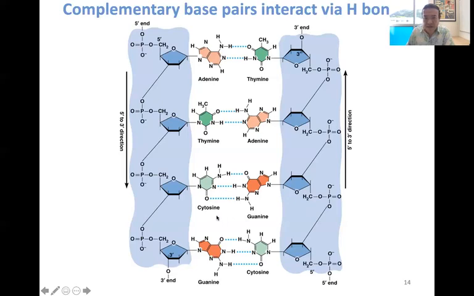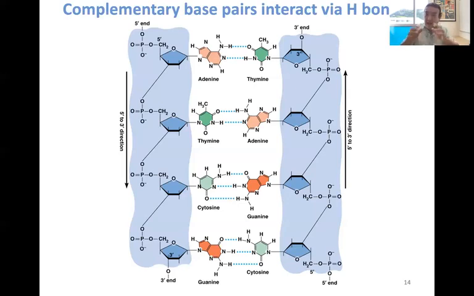On the other hand, C's and G's, when they are in the right position, they have the opportunity to interact via 3 hydrogen bonds. That is why the interaction between C's and G's is actually a slightly stronger interaction compared to the interaction between A's and T's.